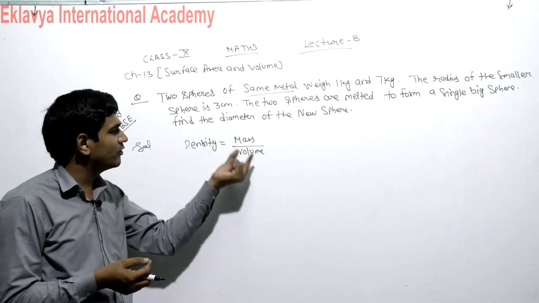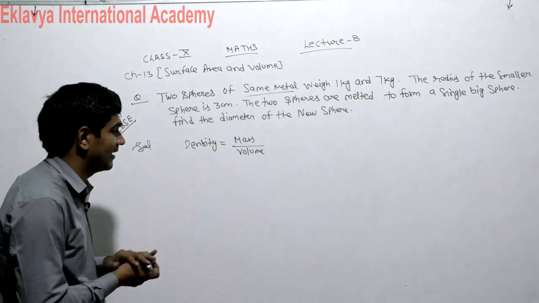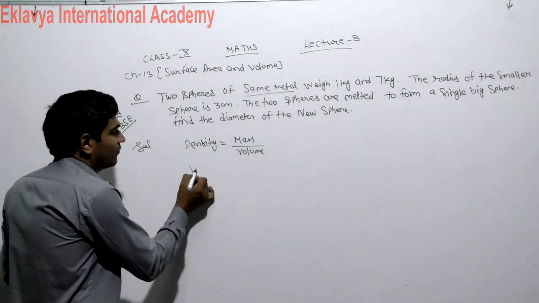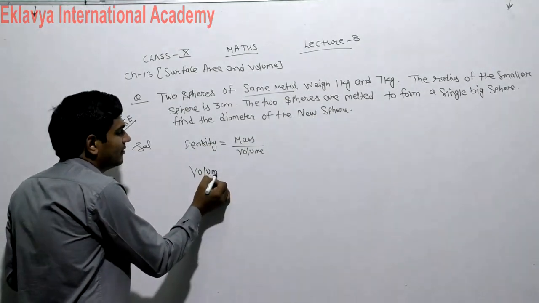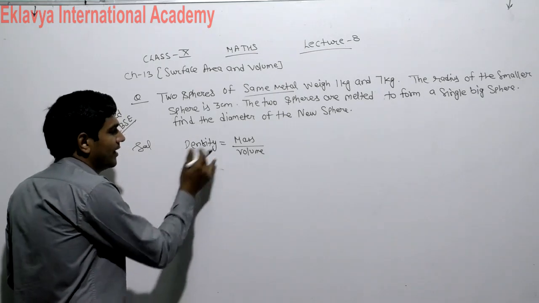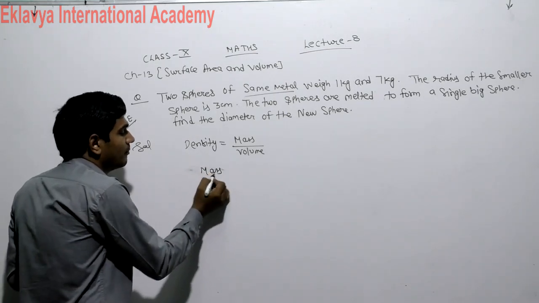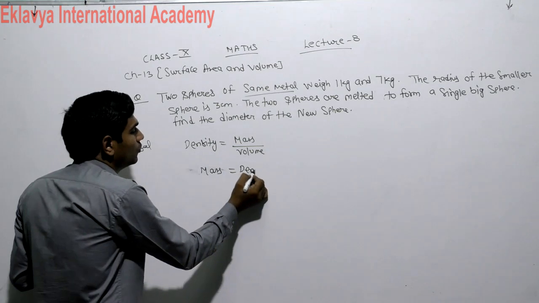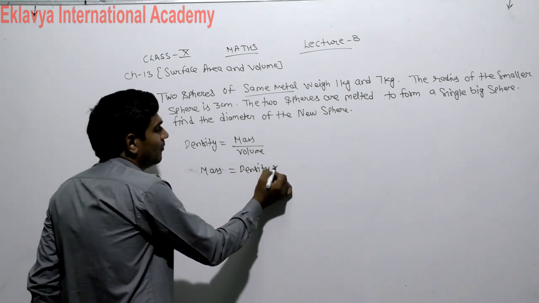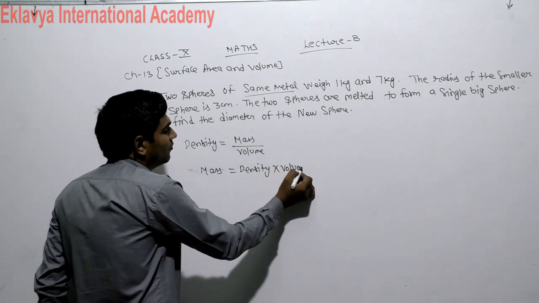So density is equal to mass upon volume. That concept we will use here. So from here, we will find out mass first. What is the mass? It is equal to density multiplied by the volume.